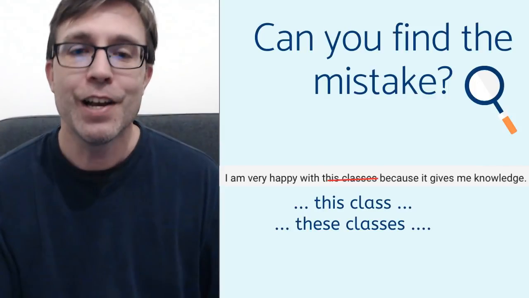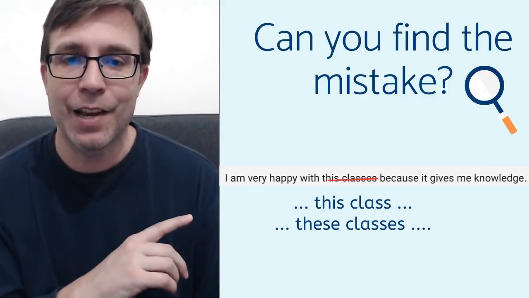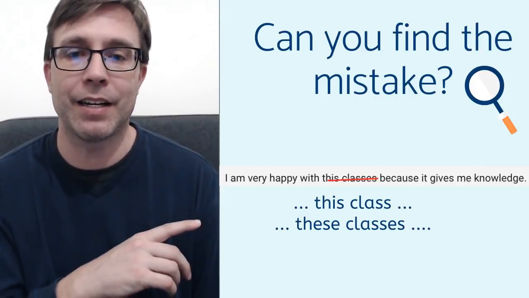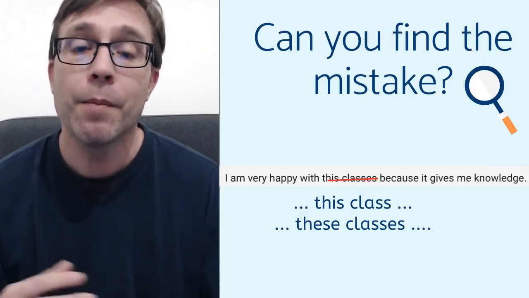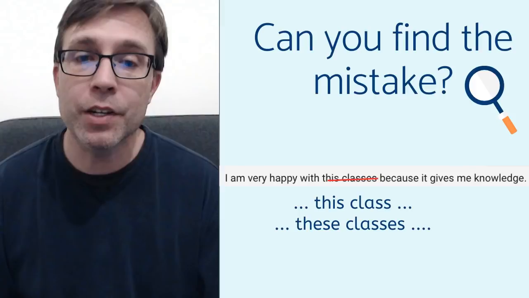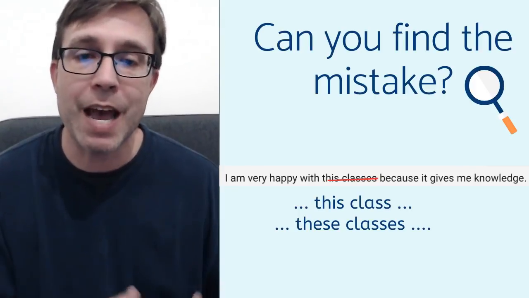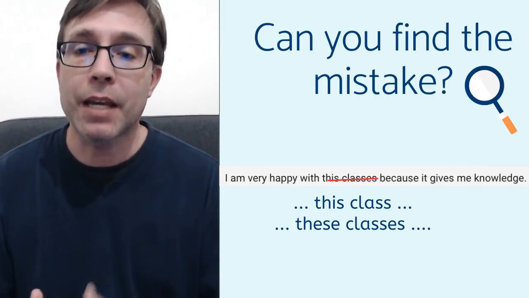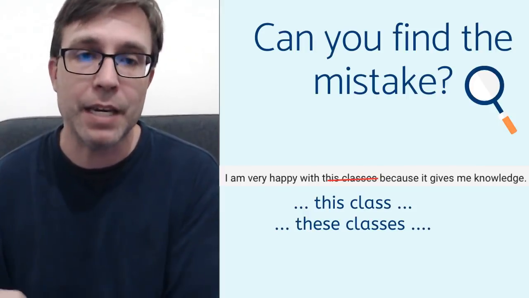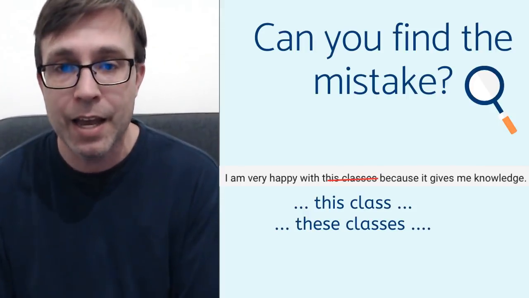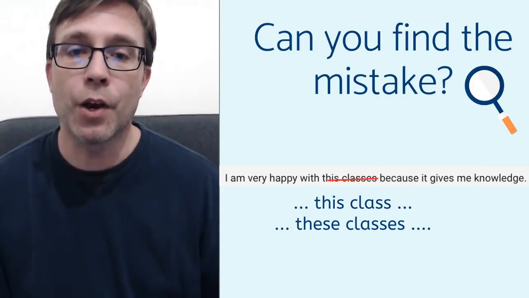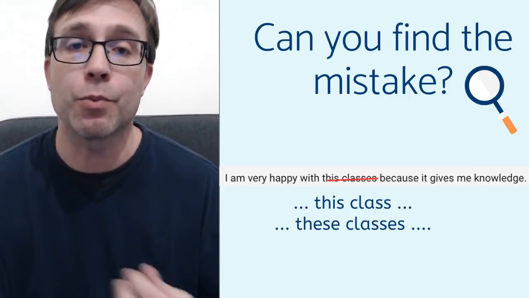So I'd say this class would be the best way to complete this sentence. But you could say these, we can use that with plural nouns. I am very happy with these classes because they give me knowledge. We would need to use they in the next part of the sentence so that it corresponds with classes.